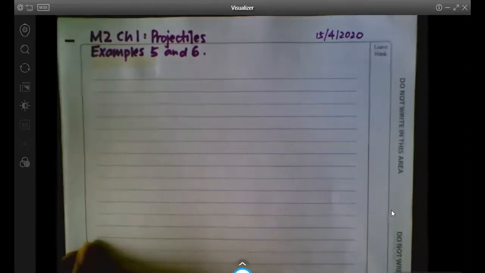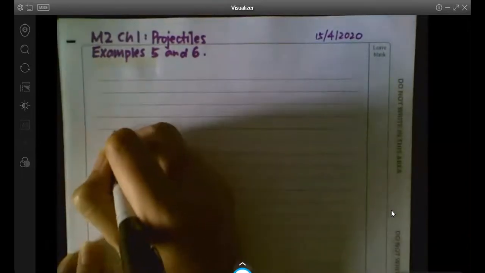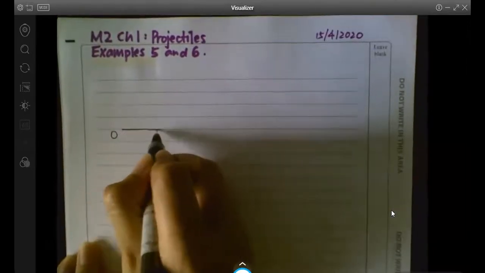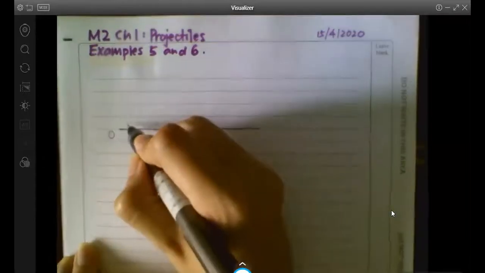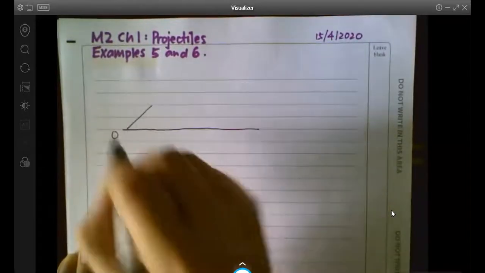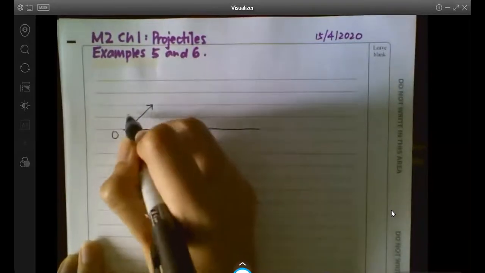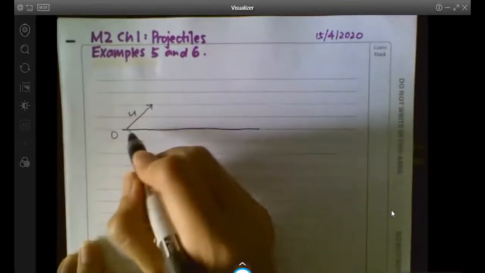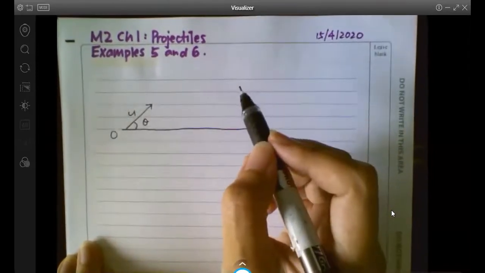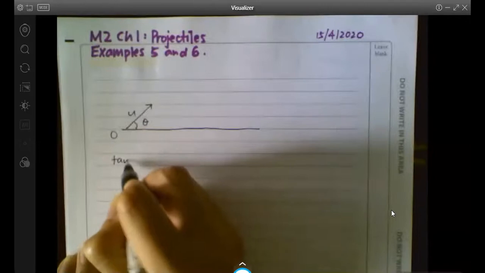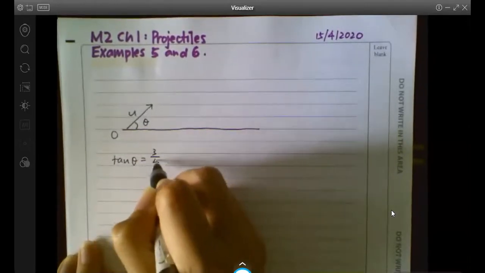Okay, so I'm going to start drawing. At the same time, read the question while drawing. A ball is thrown from a point O, horizontal ground. Please use a ruler if you can help it. With speed u, this is a number, not a vector. Angle of elevation theta, where tangent theta is 3/4.